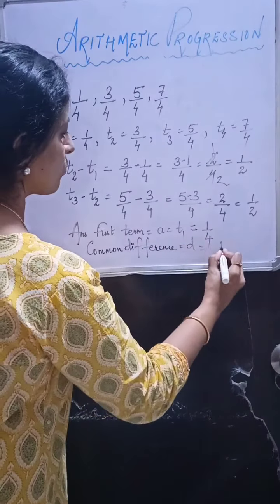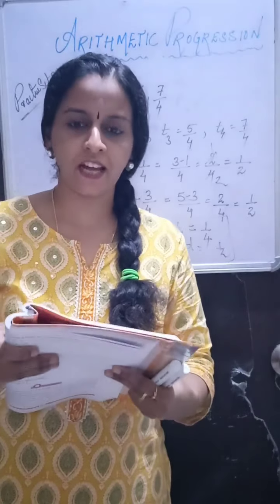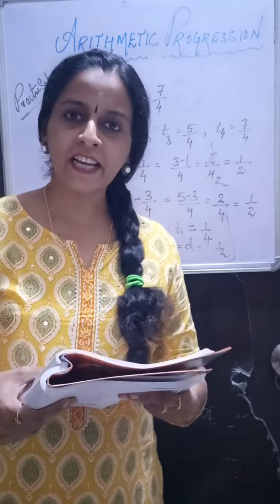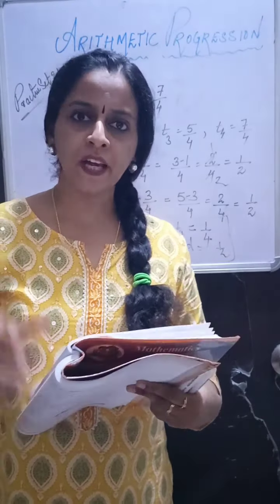This is the answer. You don't need my help to do the second and the third sum. Same format you follow. For the second sum, what will be the first term? 0.6, 0.9, 1.2, 1.5. First term is 0.6 and common difference will be 0.9 minus 0.6, 0.3.